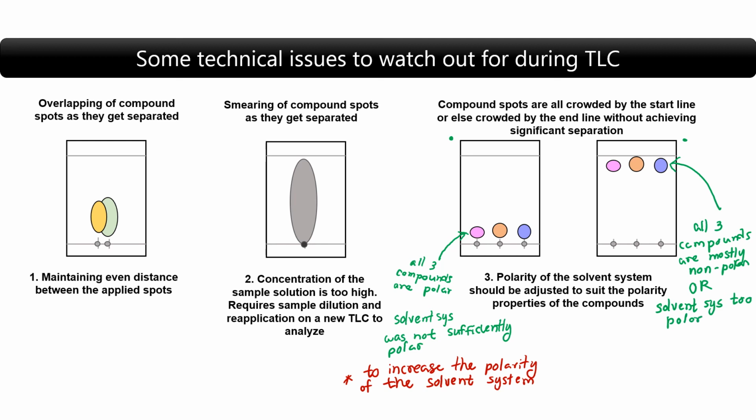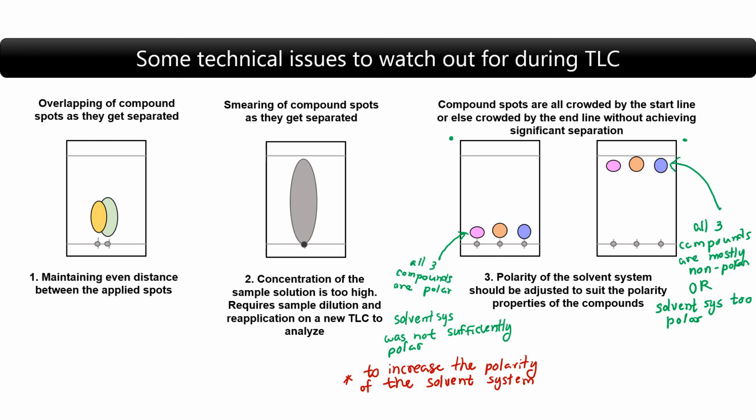That makes sense because if the solvent system was too polar, now all of the molecules will be able to form strong interactions with the solvent system and move along. But even if this compound was a nonpolar compound, it doesn't have any choice. It doesn't prefer the polar TLC plate. It doesn't prefer the polar solvent system.